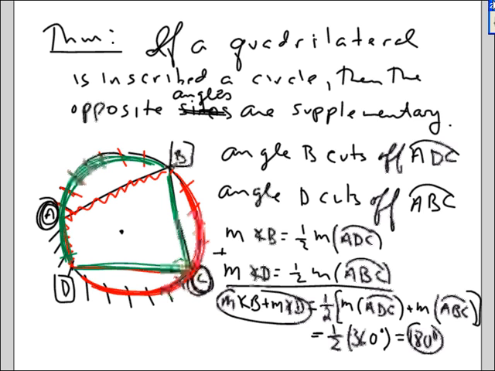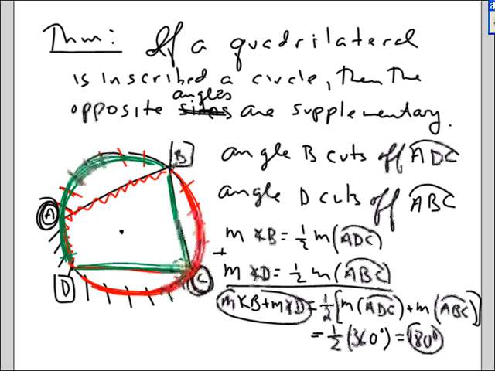Well, the green and the red, just like in the last problem, make up the whole circle and don't overlap. So once again, those two arcs add up to 360. The measure of A was half of the red arc. The measure of C was half of the green arc. So the measure of A plus C must be half of the green arc plus half of the red arc, which is half of the arc of the whole circle. That is half of 360, which is 180. So angle A and C are supplementary.